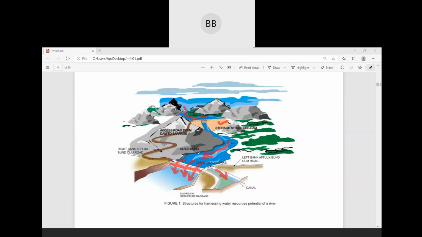At that time we use such an arrangement. And with a dam, the stored water can be used in winter and summer also. But you have to remember, you cannot store the whole water. You have to release some amount of water to the downstream end. So these are the two hydraulic structures. One is your storage structure, and one is your diversion structure.